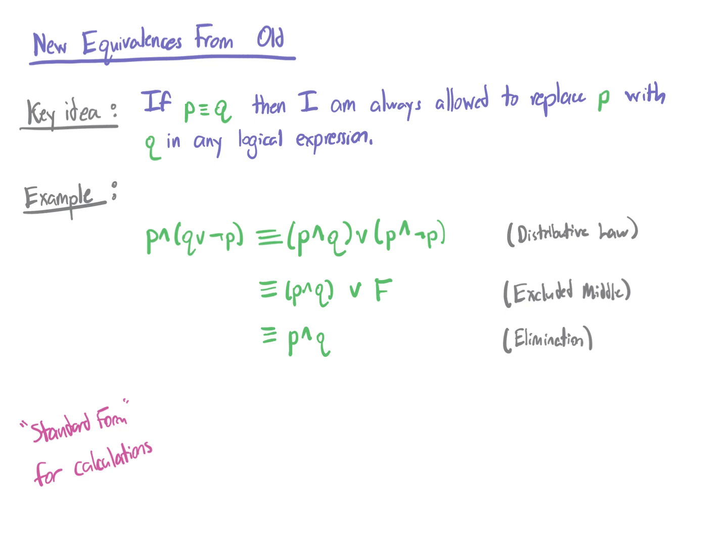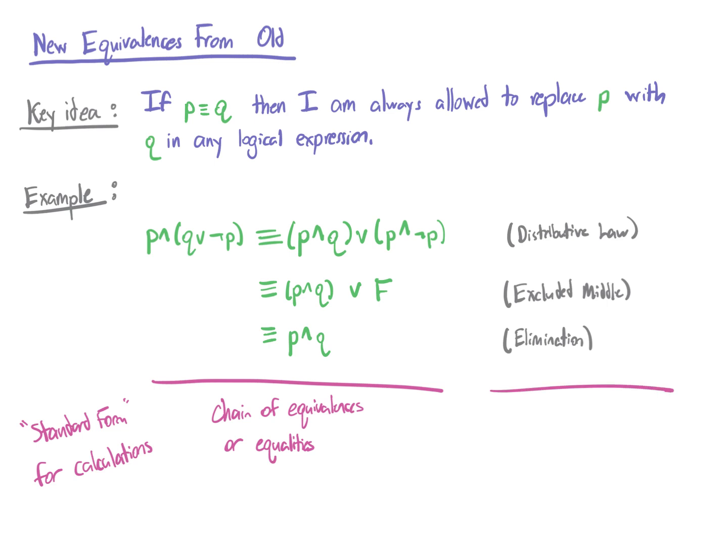The important components of standard form are that I have a chain of equivalences, or equalities, and each one is justified by a known fact, and there's a justification for each and every step I take.